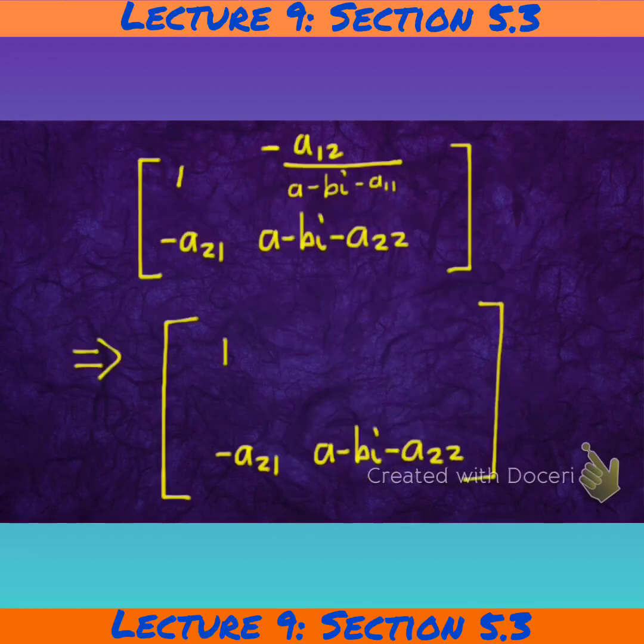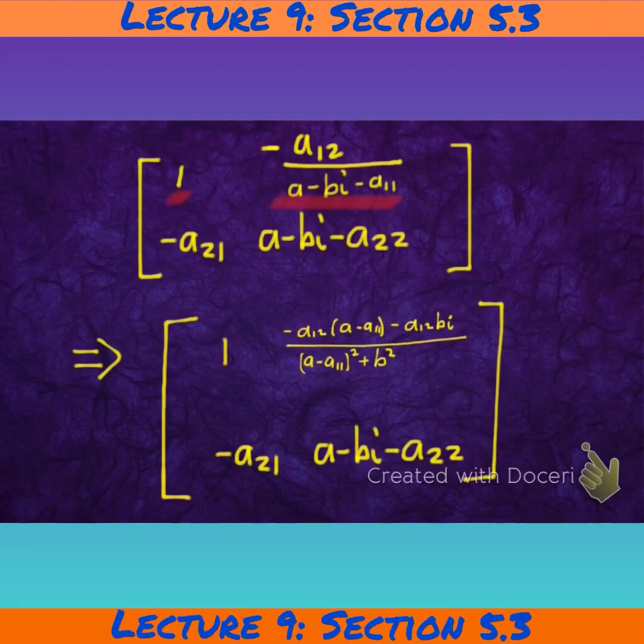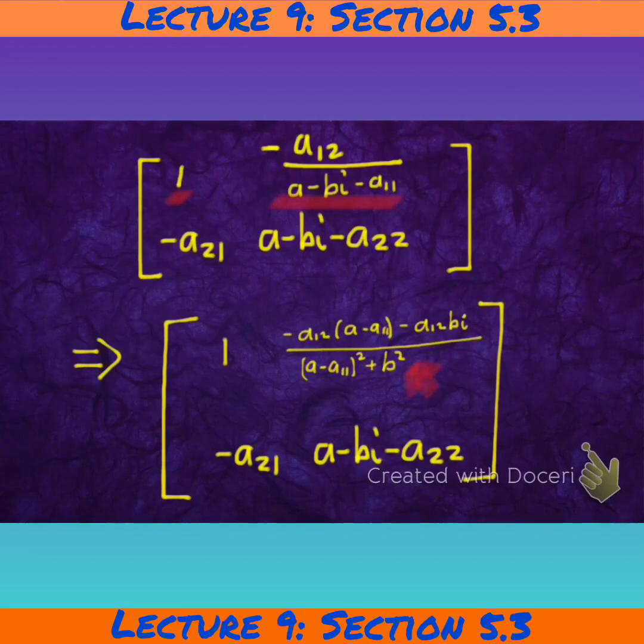So going back to our original matrix, as I said, we can make this a leading one. And now this thing we simplified, that is the term we got. And again, this is a non-zero term.